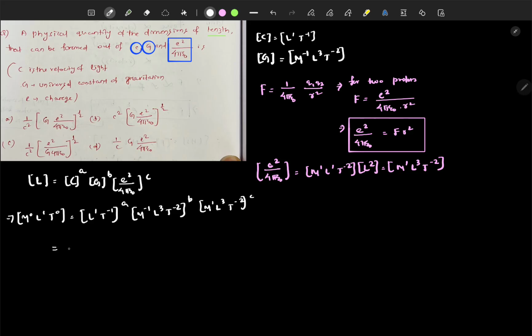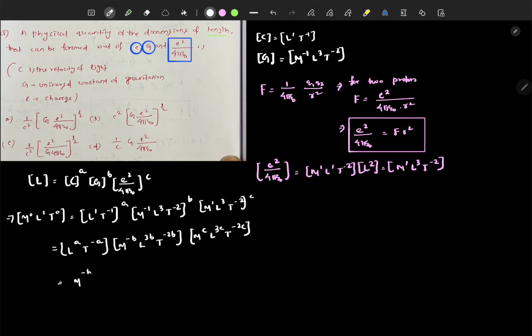Then the right hand side will be L power A T power minus A. Then the second term will be M power minus B, L power 3B, T power minus 2B. Then M power C, L power 3C, T power minus 2C. So combinedly, M power is how much?